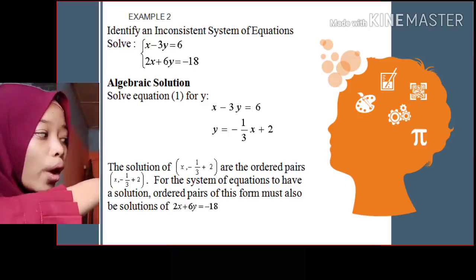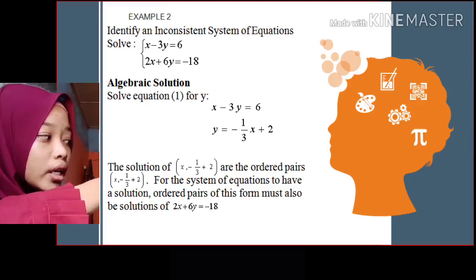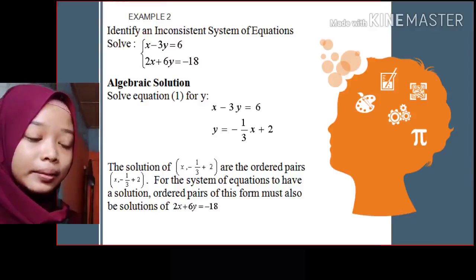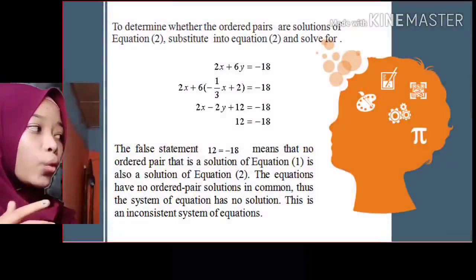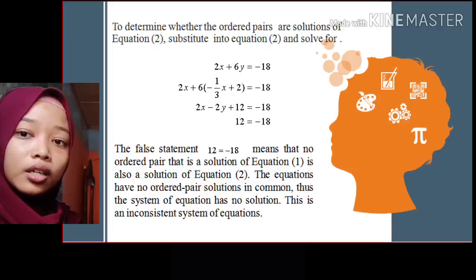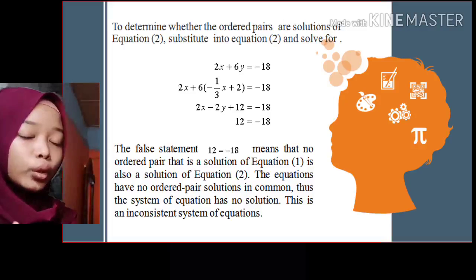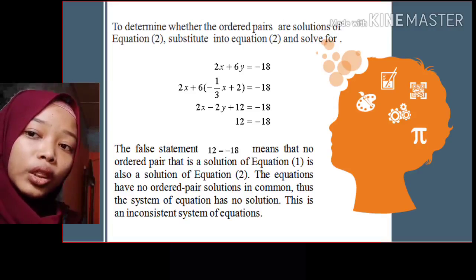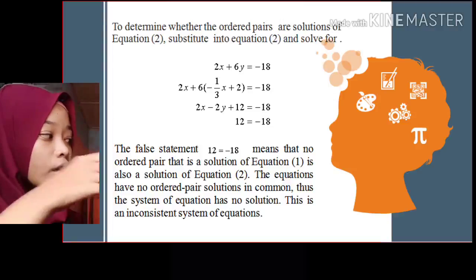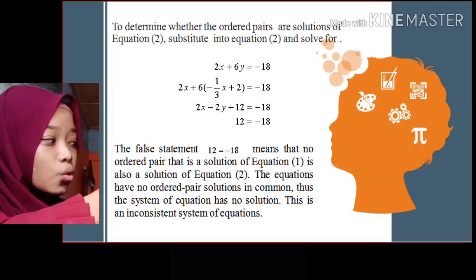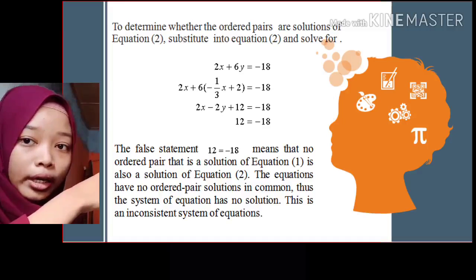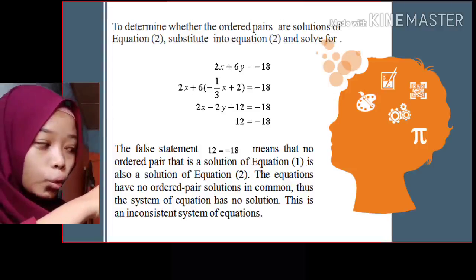Equation 2 is 2x plus 6y equals minus 18. To determine whether the ordered pairs are solutions of equation 2, substitute into equation 2. 2x plus 6y equals minus 18, and then substitute equation 1 into equation 2.